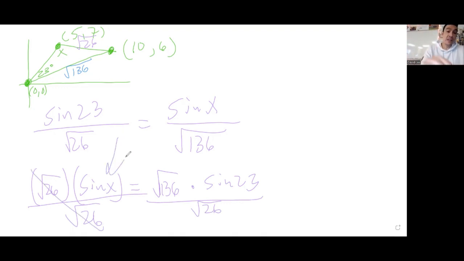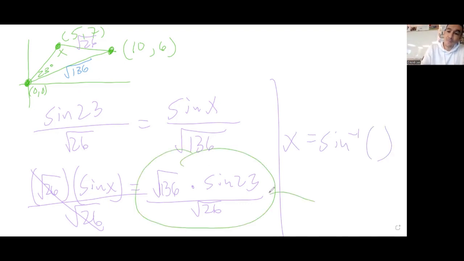And now to get x alone, you're going to have to make sine go away. So to get rid of sine, you should use sine inverse, referred to as arc sine. So our x here, our final answer, x should equal the sine inverse of, well, what you'd have to do is take this green number, plug it in there.